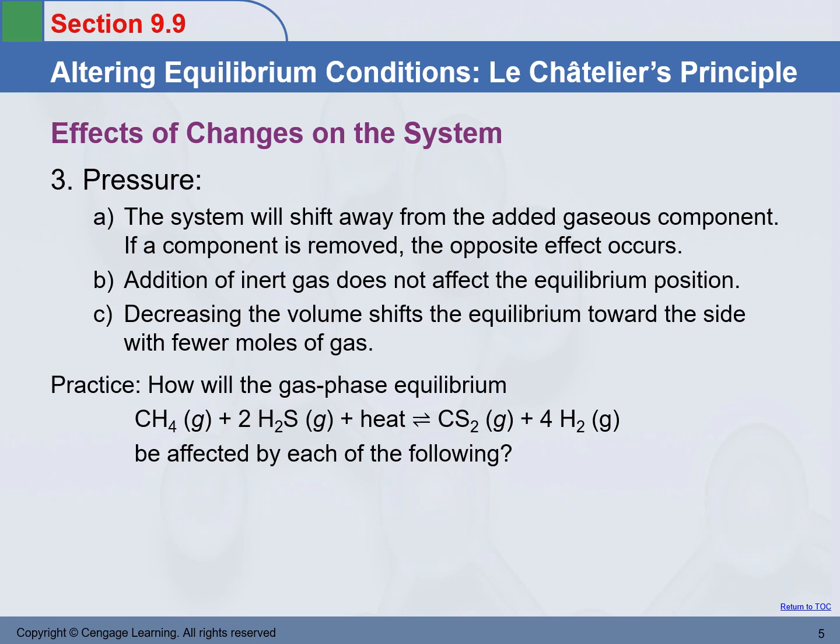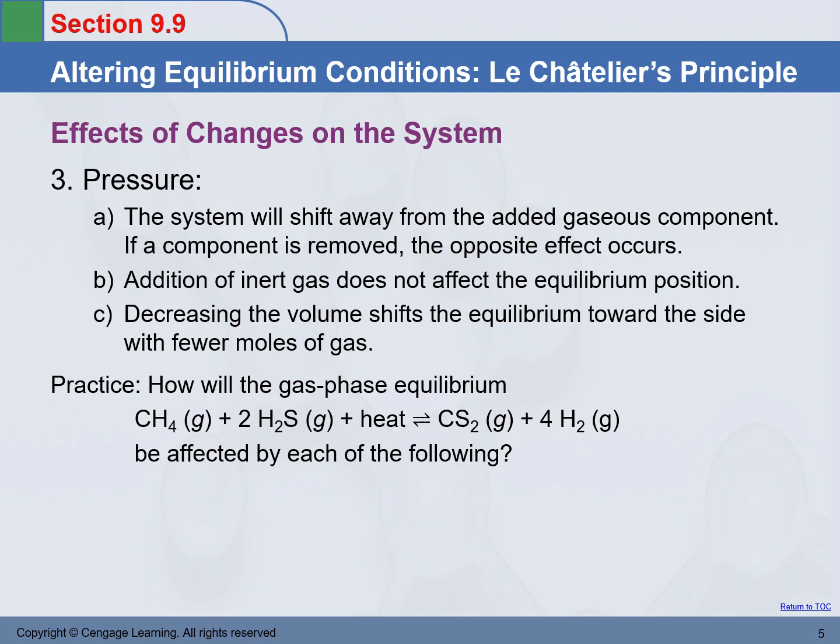We have 1 mole of methane gas reacting with 2 moles of hydrogen sulfide gas to produce carbon disulfide gas and 4 moles of hydrogen gas. All gases in the equilibrium. This whole reaction is endothermic because heat energy is on the reactant side.